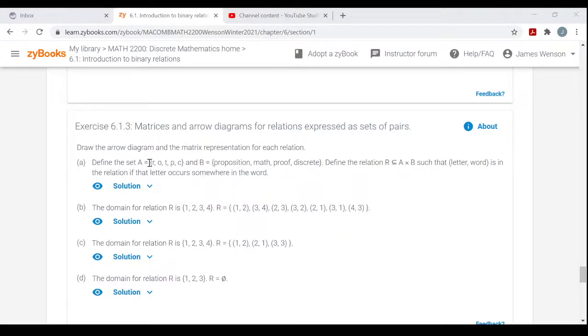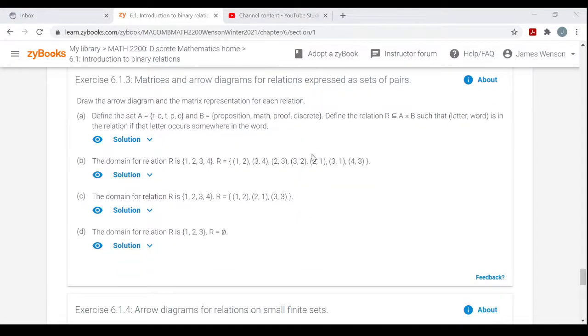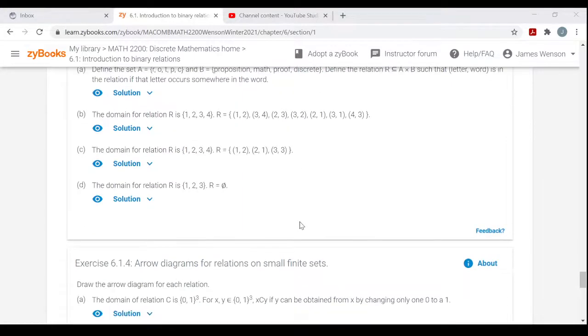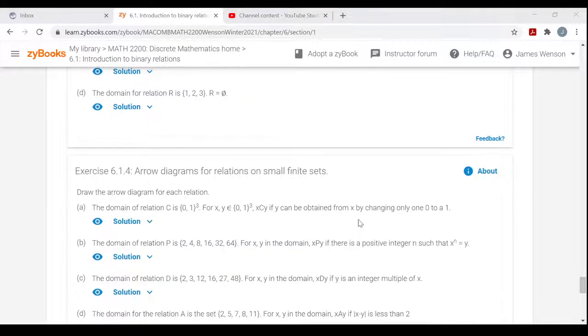Well, actually, no. A and B here aren't the same set. So you would make an actual arrow diagram. Here you could make a digraph because it's a relation on a single set, so you can make a directed graph here. So just pay attention.